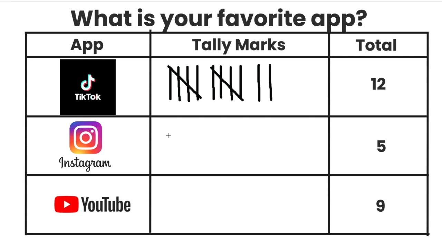Thanks for helping me. Now we have Instagram, and Instagram had 5 votes. Remember, help me draw the tally marks. 1, 2, 3, 4, 5. Did I draw those tally marks correctly? I think you're correct. I did them wrong.